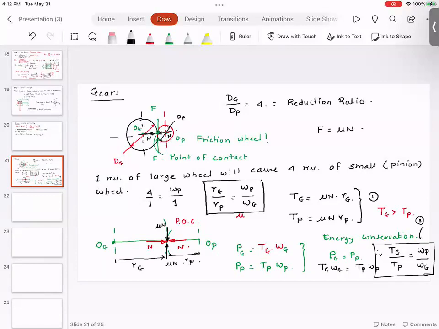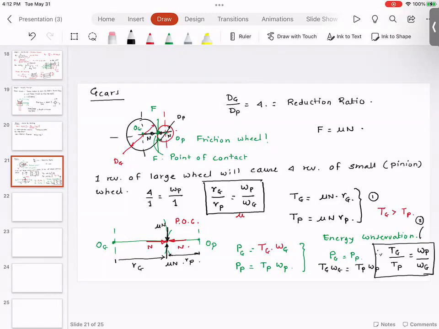Now, one important thing that I want you to observe is that friction wheels are clearly dependent on friction. Now, I want you to think about something like this. For some reason, I add a lot of lubricant or lubrication oil in between the gear and the pinion of the friction wheel. So I increase the amount of lubrication. What would happen?